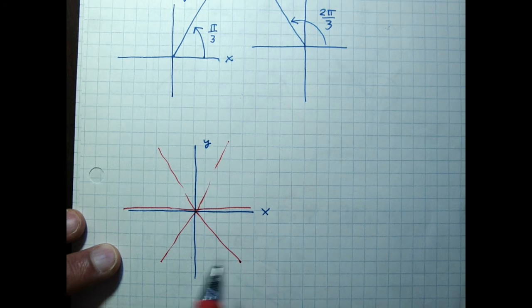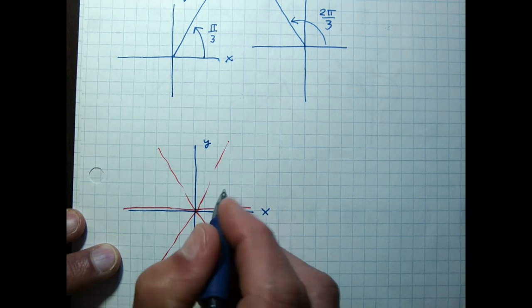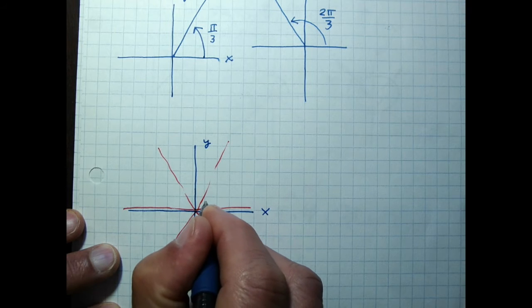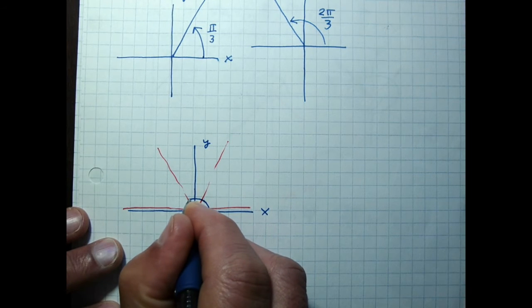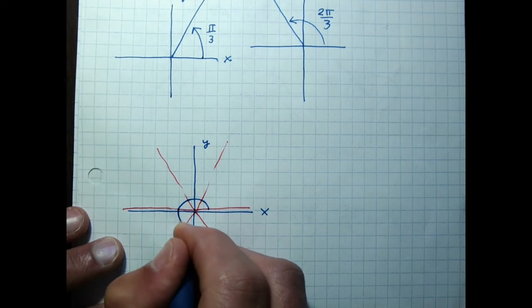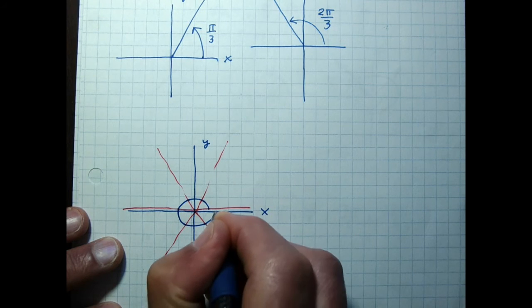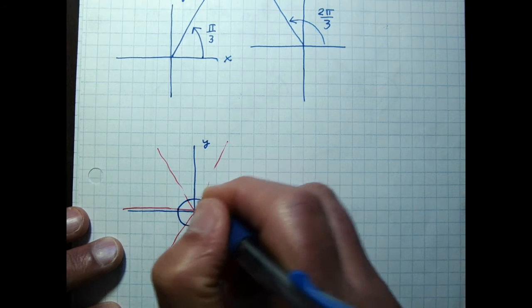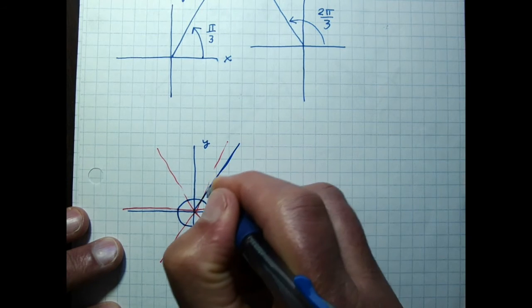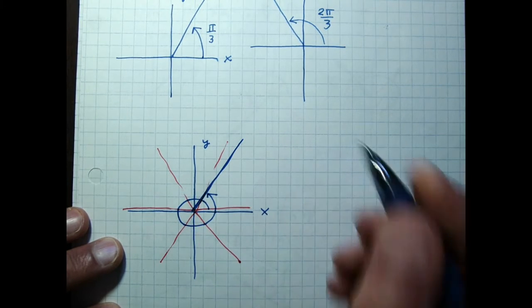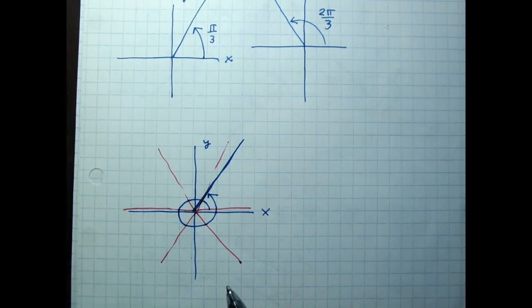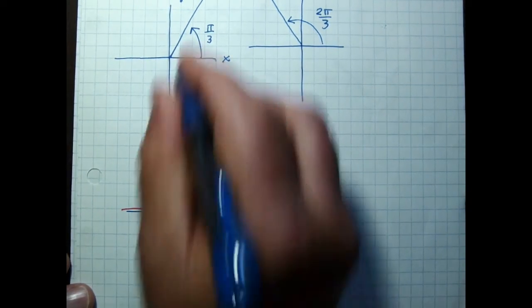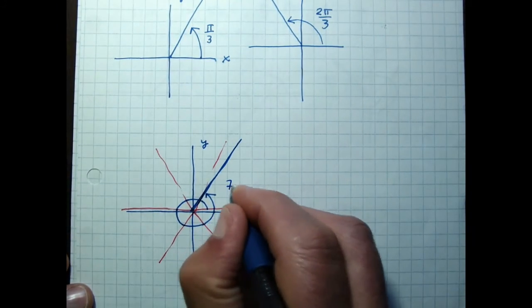So you just got to be careful with that when you count by multiples of 60 degrees or pi over 3. 1, 2, 3, 4, 5, 6 is full circle. So 7 pi over 3 takes me to that terminal side of 60 degrees, same as pi over 3, right? 7 pi over 3.